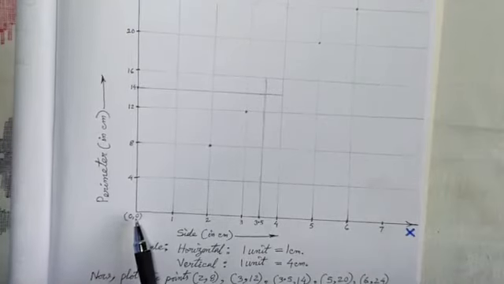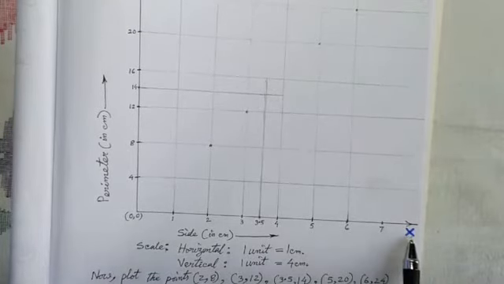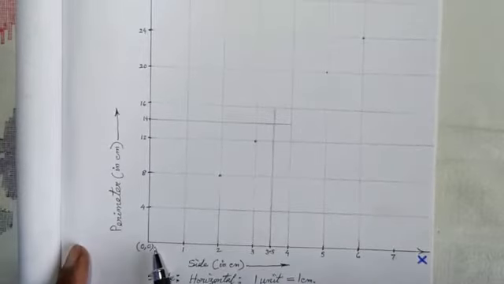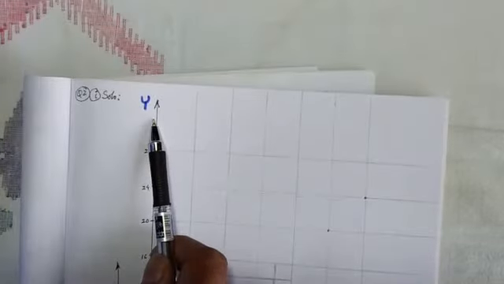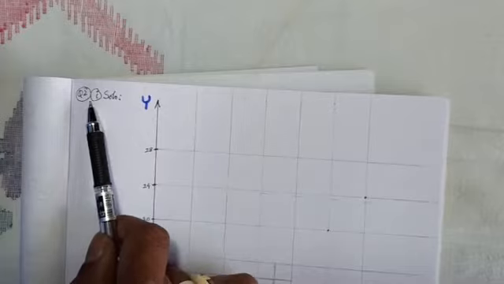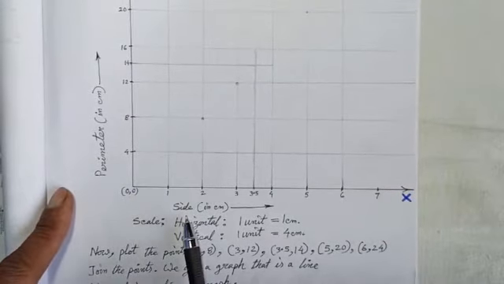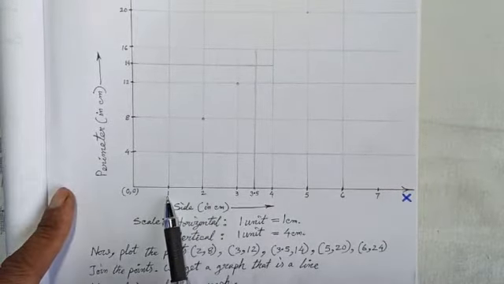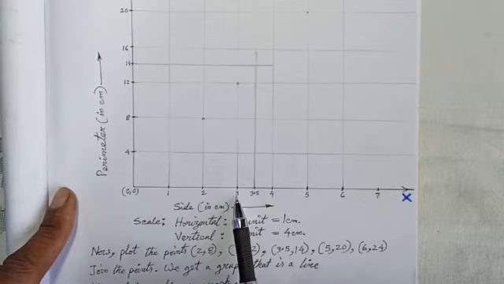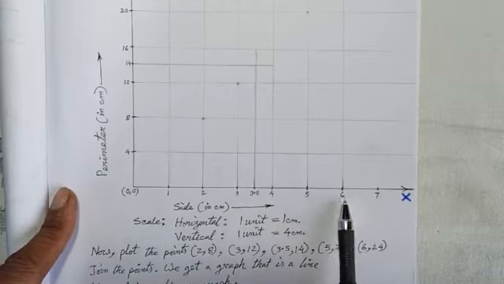First, we are drawing this horizontal line, and this is the x-axis. Then we are drawing this vertical line, and this is the y-axis. Now question number 2, Roman number 1, solution. This side is side in centimeter. So this is 1 centimeter, 2 centimeter, this is 3, this is 4, this is 5, this is 6, this is 7.